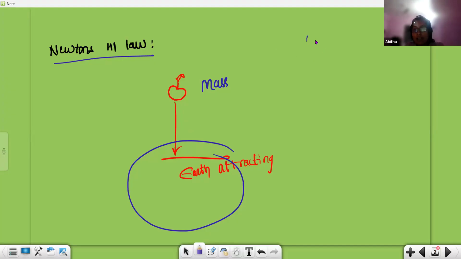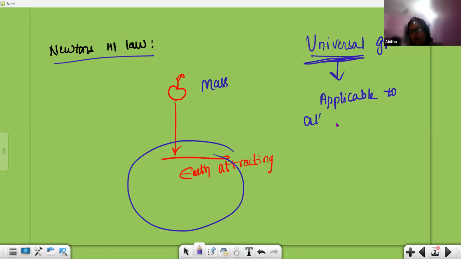But according to the universal gravitational law, universal gravitation means it is applicable everywhere, irrespective of the mass of the object, whether it is big or small, whether it is terrestrial or not. It doesn't matter. So there is always attraction between two objects. It is applicable to all bodies.